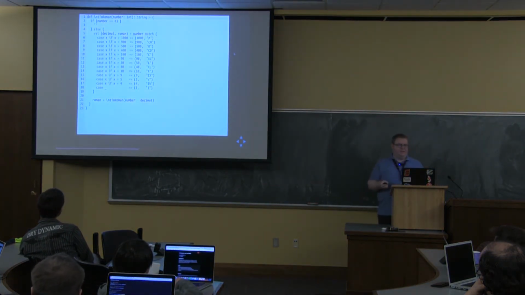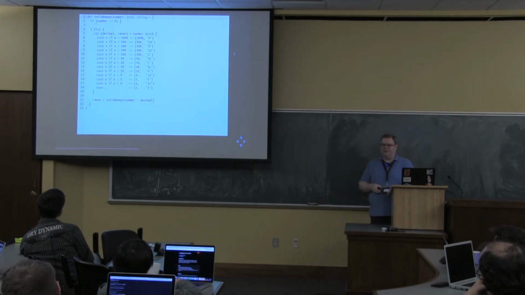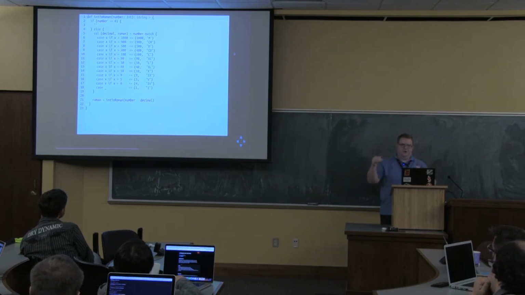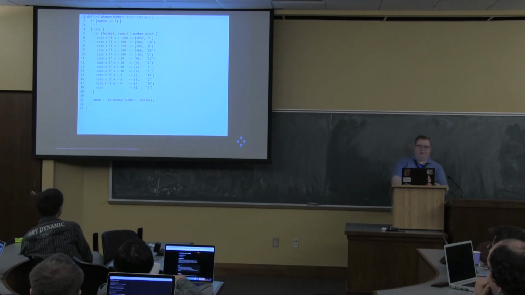So here's that Roman numeral example again, written with pattern matching. You first think, I have a whole list of Roman numerals that I want to match against. We already saw the example, but you can see why it's sort of inappropriate.